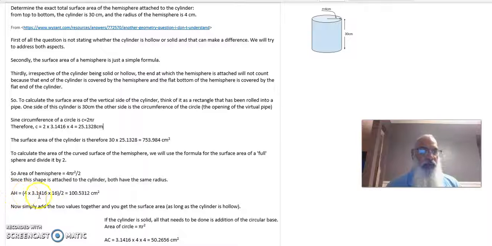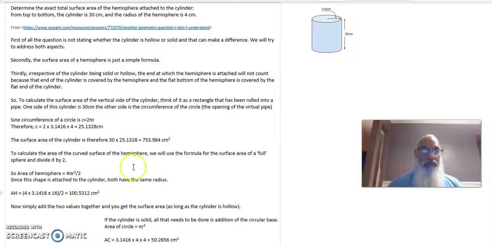Putting those numbers into the formula: 4 from the formula, pi for 3.1416, and then 16 is the square of 4, which is the radius of the hemisphere. And then the whole thing is divided by 2 because it's a hemisphere and the formula is for the full sphere. And that works out to 100.5312 centimeters square.